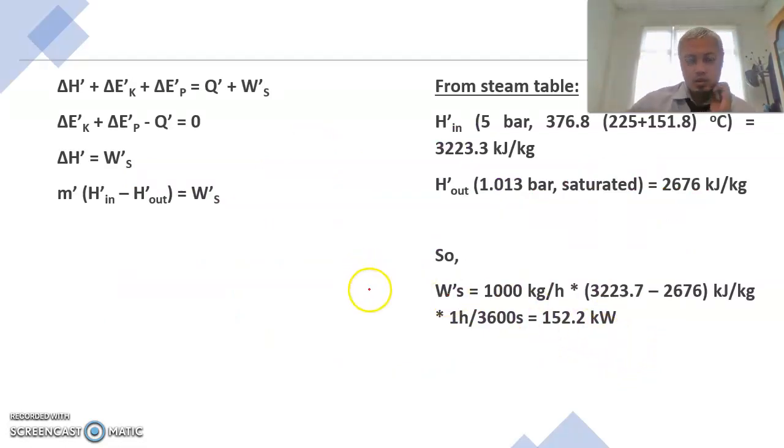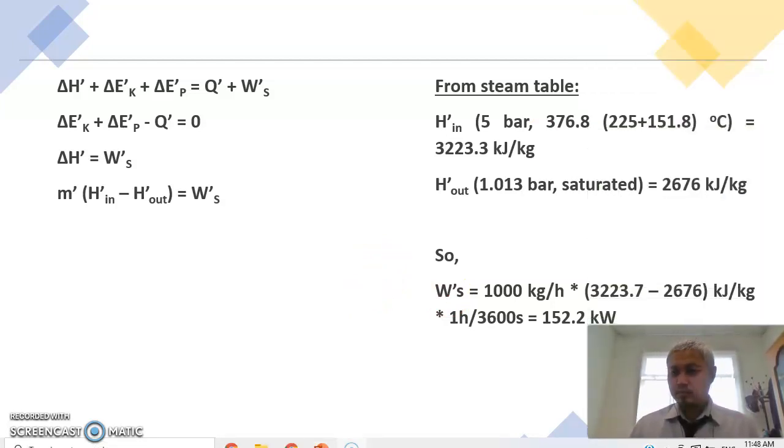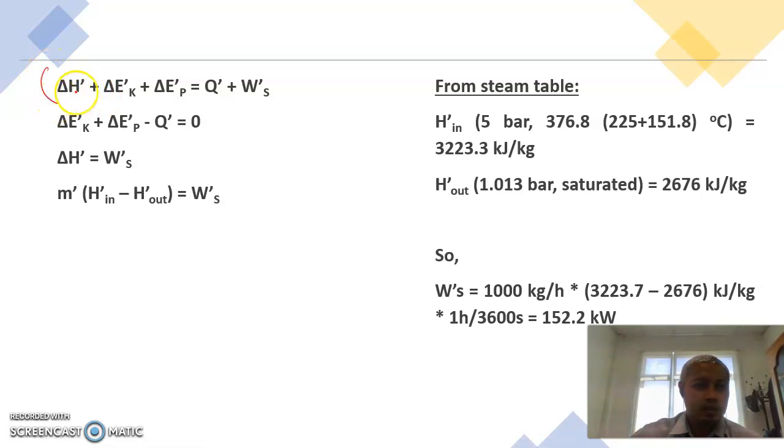Sorry, I need to move this one first. By looking at the energy balance equation, we have learned about this previously. We know that EK, EP, Q is 0 because of the information given in the question.